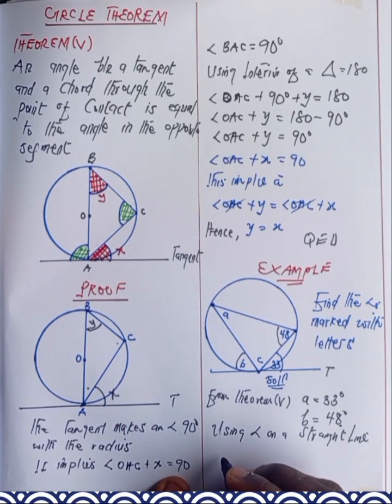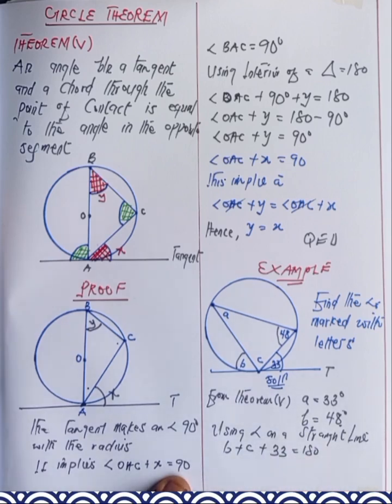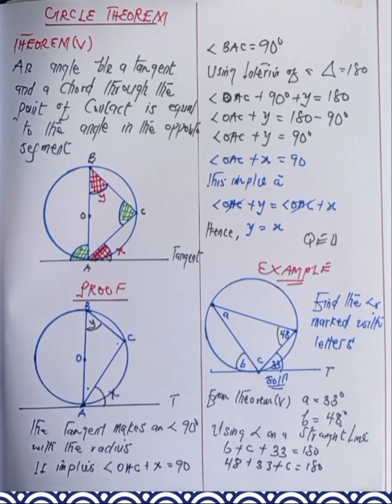So B plus C plus 33 degrees should give us 180. Now what is B? B is 48, so 48 plus 33 plus C is equal to 180.